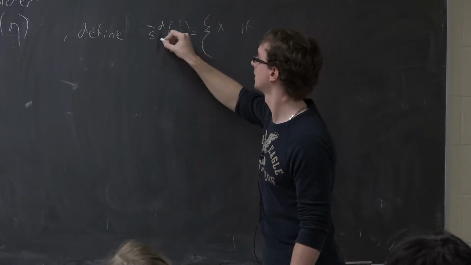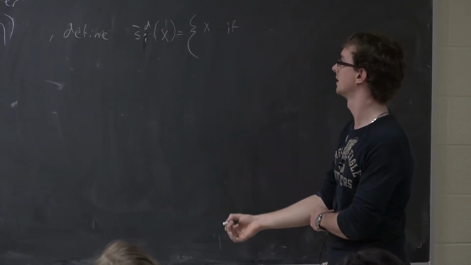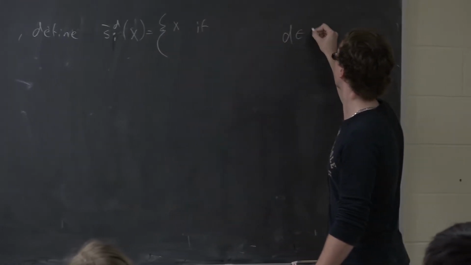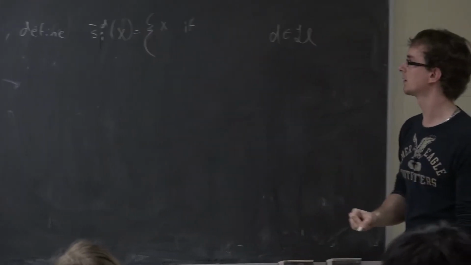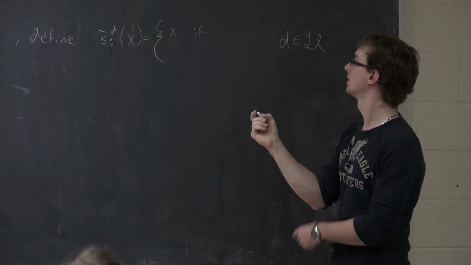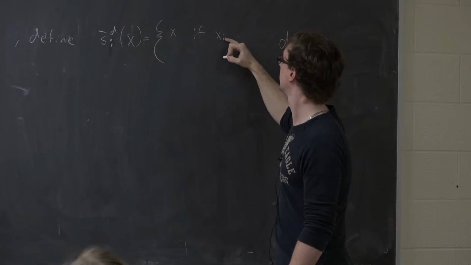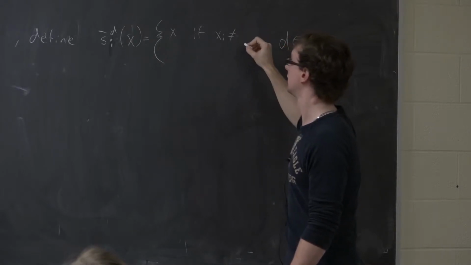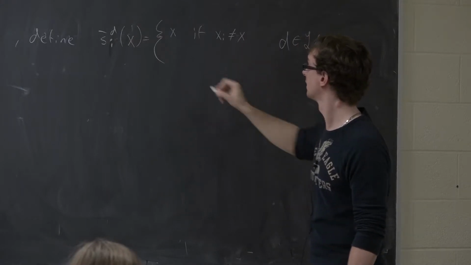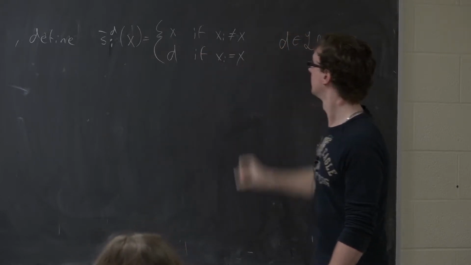I've got two subscripts going on because it's going to depend both on i and on d, and d is going to be some element of our universe. What it's going to do is return x if xi is not equal to x, and it's going to return d if xi is equal to x.